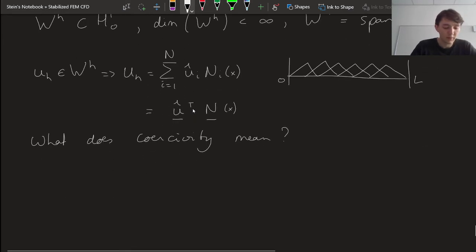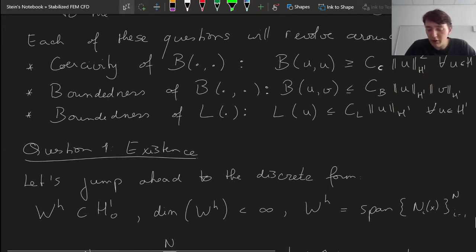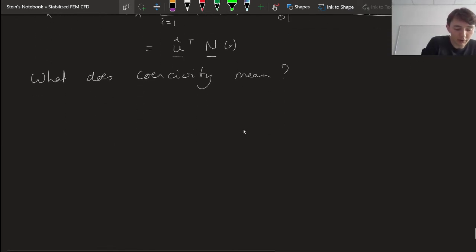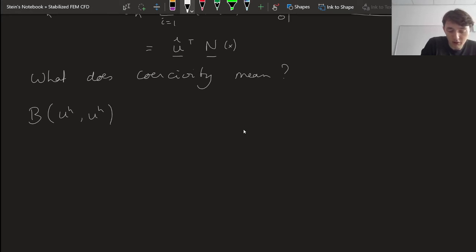What does coercivity mean? We have this funny definition that if we substitute the same function in both slots, then it has to be larger than or equal to something like this. So let's try to do that with this representation of our function u. We're going to substitute our u_h in both slots, which we write as this vector-vector multiplication, u hat transposed times N(x).